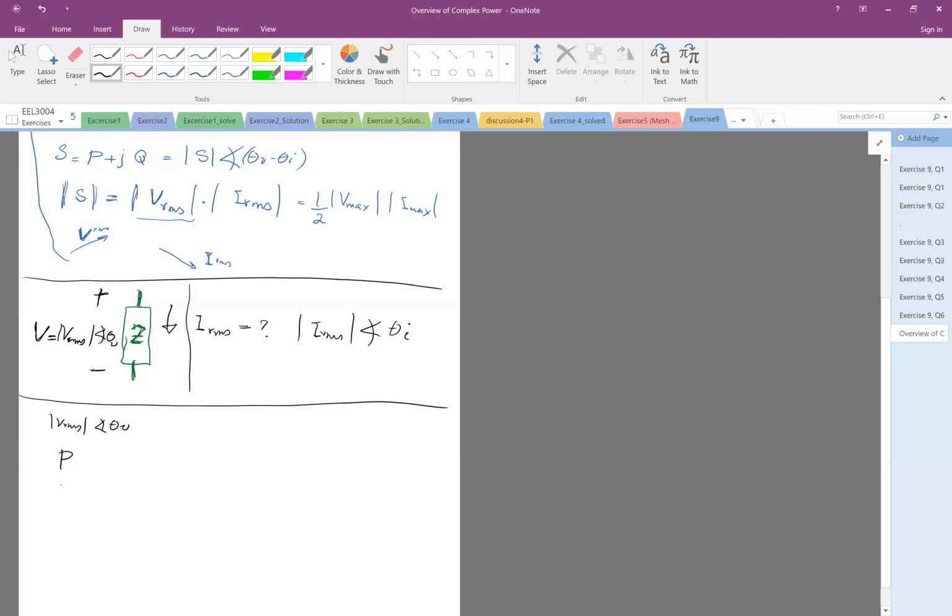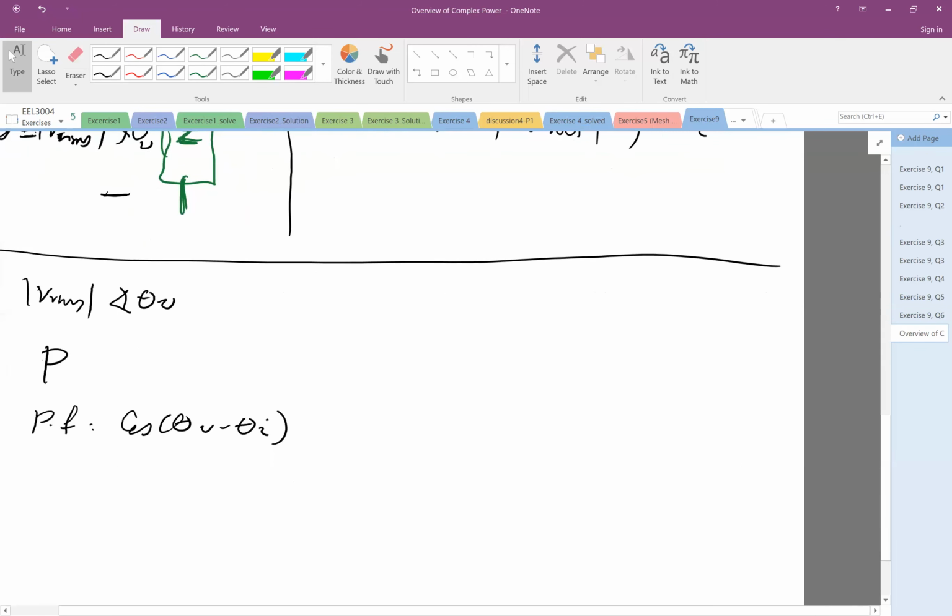And I'm also given the power factor, which is cosine of theta V minus theta I. Whenever they give you power factor, they have to also mention if it is leading or lagging.